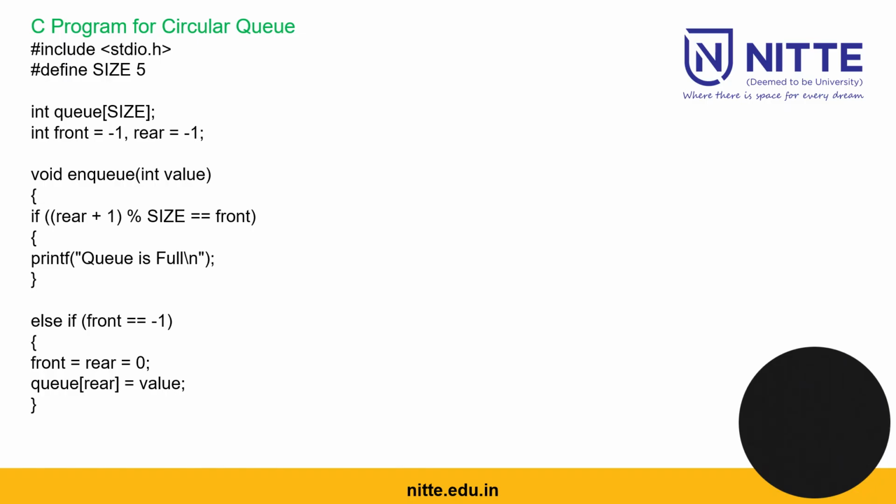So if this rear plus 1, that is rear value is what? Minus 1. Minus 1 plus 1 is what? 0. 0 % size equals to what? Front. Okay, then that means what? Here it is full. Else I will make front equals to what? Minus 1.